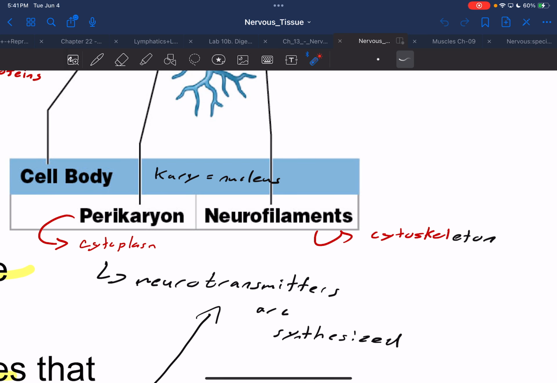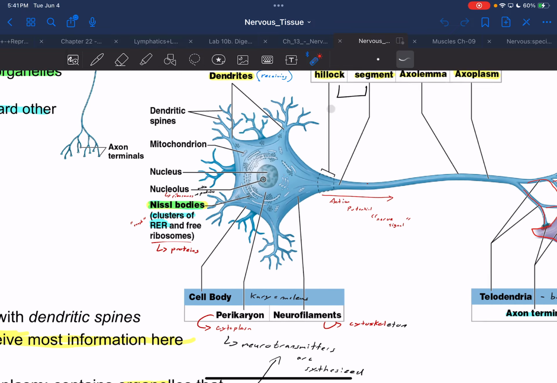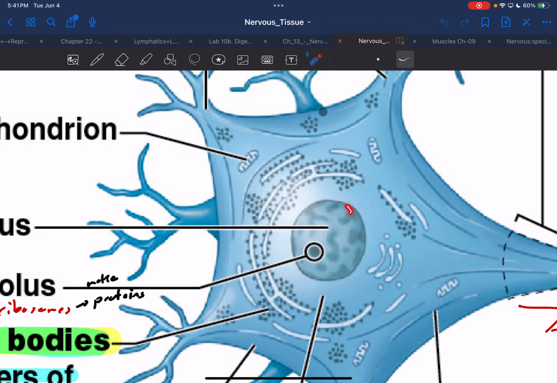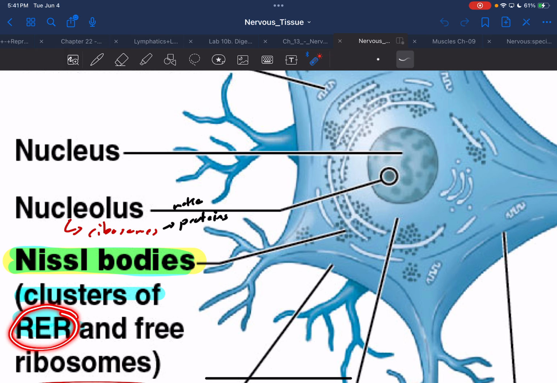And so, in the perikaryon, that's where neurotransmitters are synthesized. Don't forget neurofilaments are a component of the cytoskeleton. And then we've made our way inside of the cell, and you can see nothing's different. Nucleus, a nucleolus. But one thing that's unique is the rough ER.